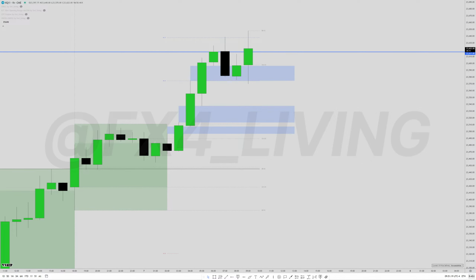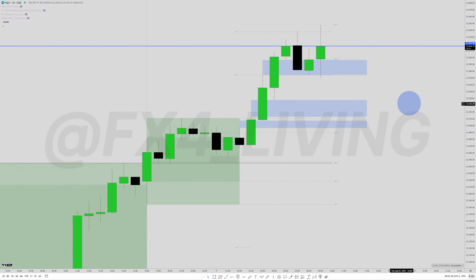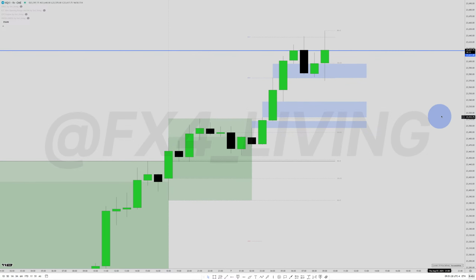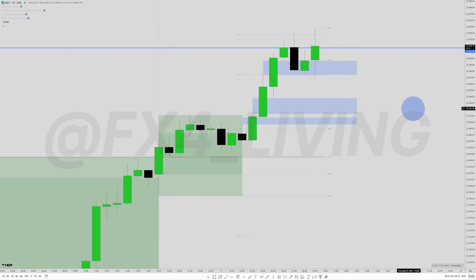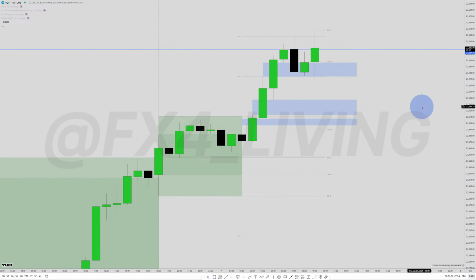So this week I'm close to 5K just by taking these little scalps. So that was basically my week so far. Simple, right? Technique of reducing entry price is good.